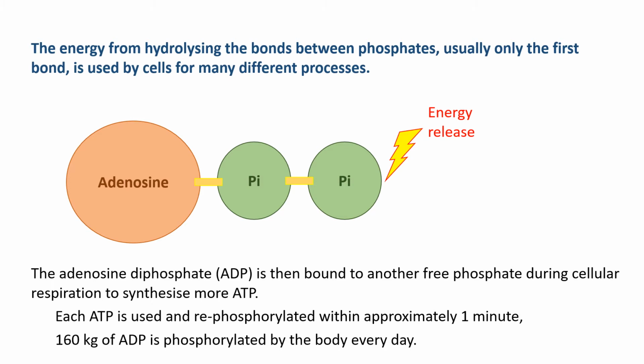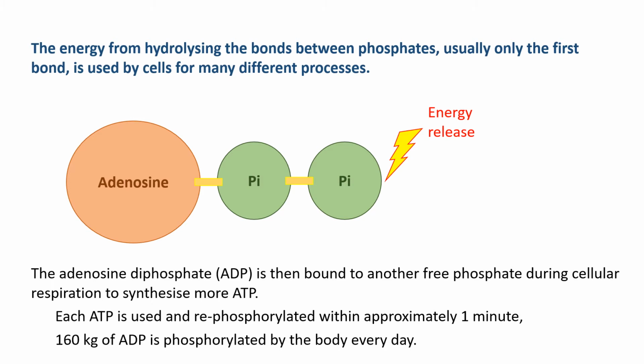And we don't usually have to do that. The whole system is so efficient that really we only generally hydrolyze that first high energy bond. So we end up with ADP, and we need to put another phosphate back on it to make more ATP to replace the one we just used.